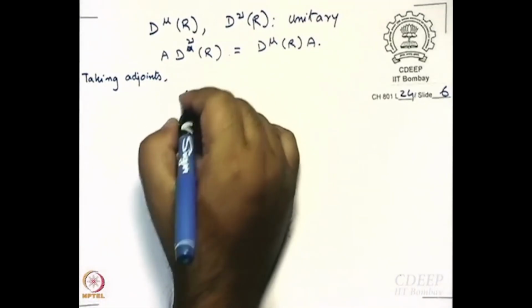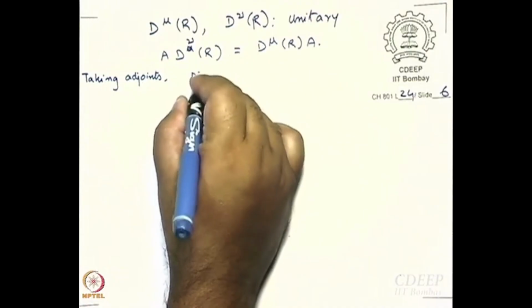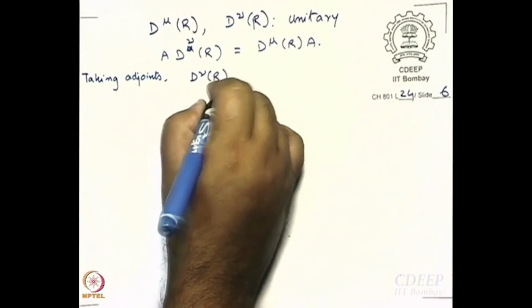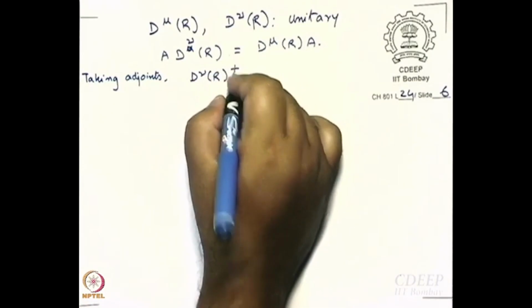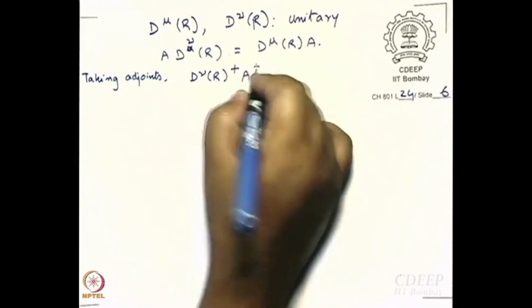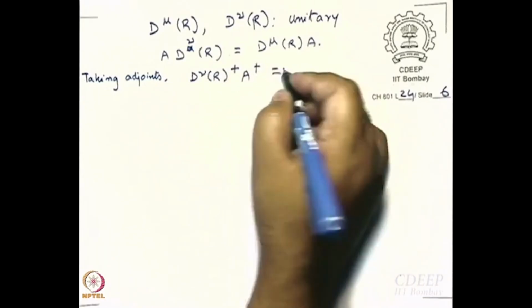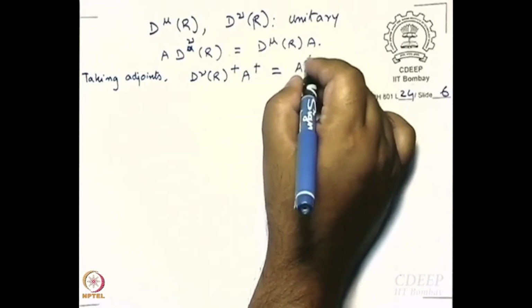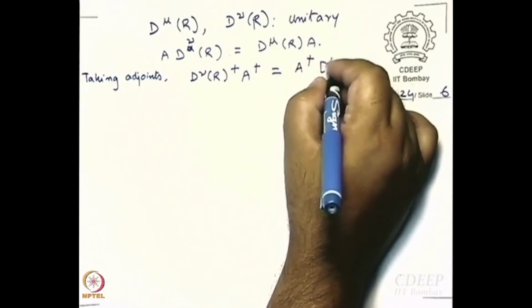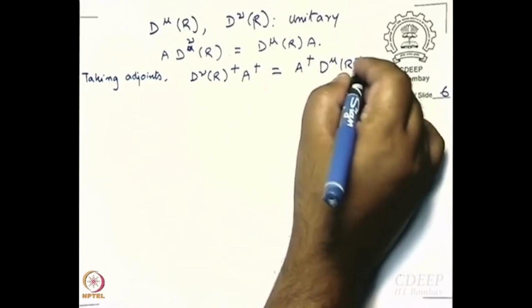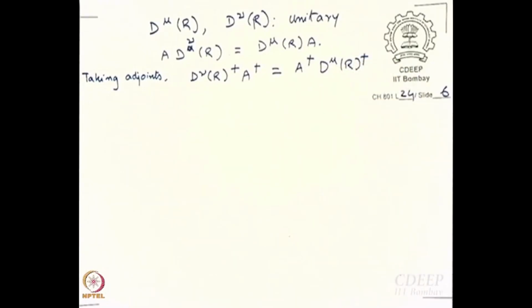I can write d nu r adjoint A adjoint is equal to A adjoint d mu r adjoint. I think we had encountered this earlier just before mid-sem when we did that unitary transformation discussion, isn't it? You take an adjoint of the products, they get interchanged. Okay?